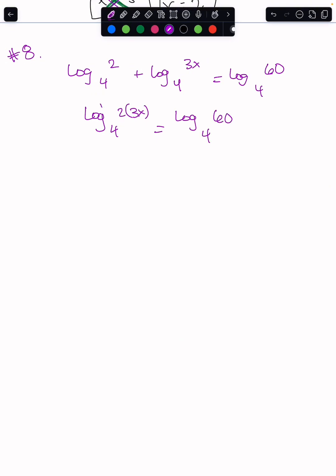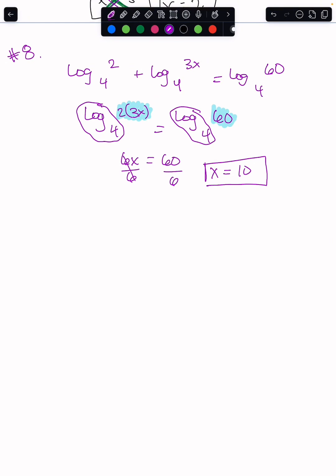And because these are the same, I can set this one equal to that one. So in other words, 2 times 3x is going to be 6x equals 60, divided by 6, divided by 6. x equals 10.